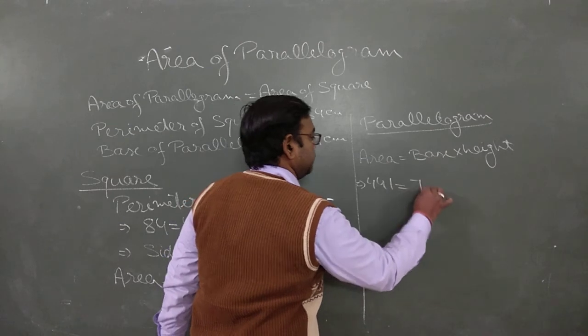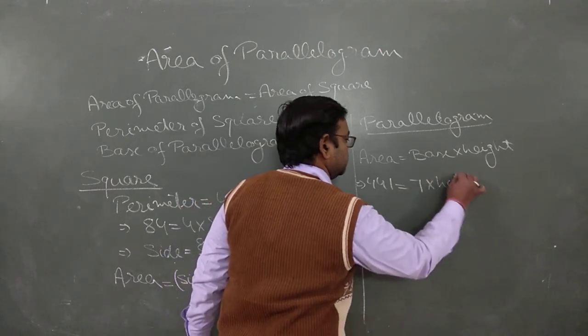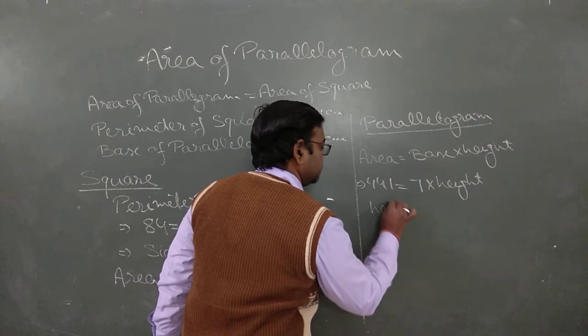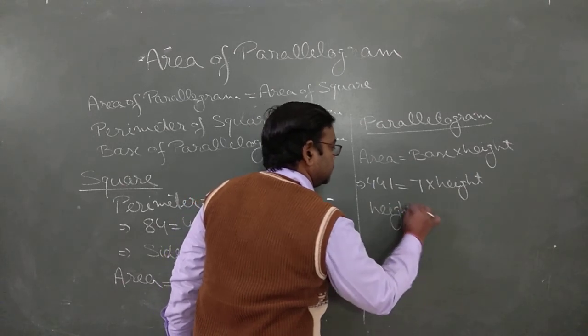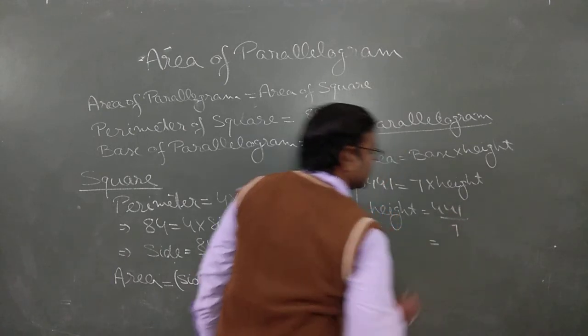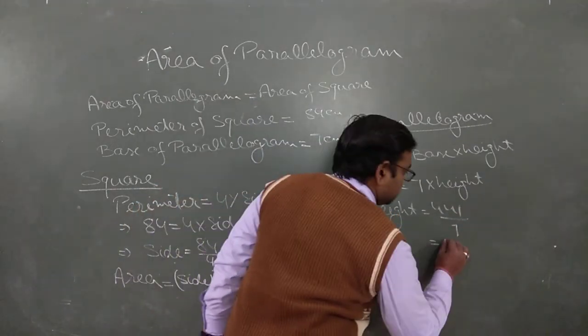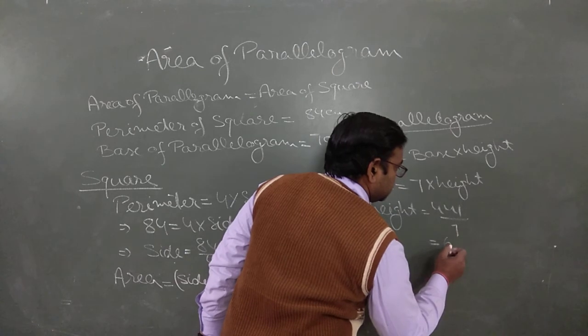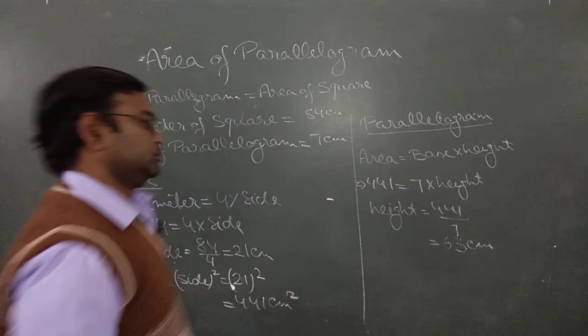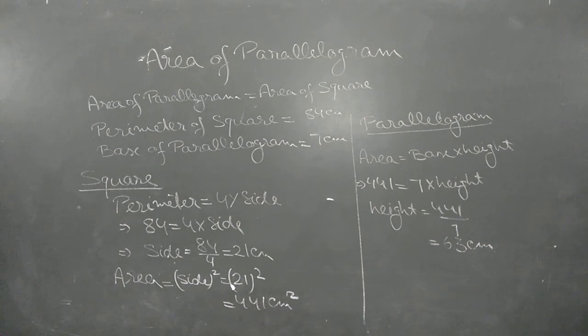Base is 7. Height we don't know. So what is the height? It's 441 by 7, 63 centimeter. Clear? Hope this thing is clear to you.